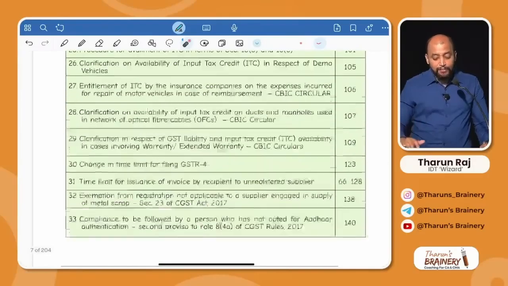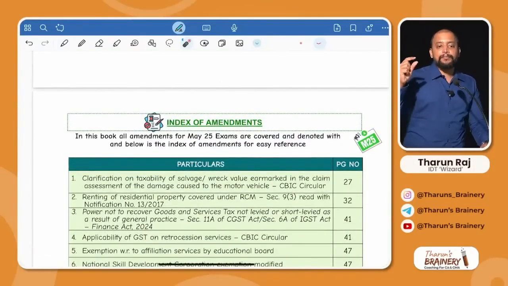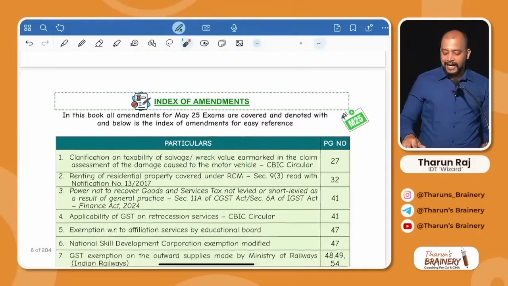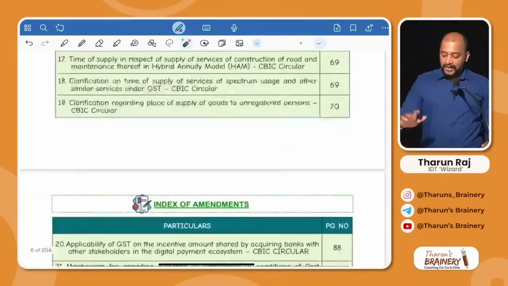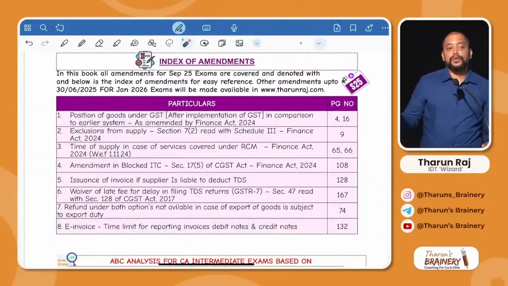All these are for May 25 exam, and wherever you can see I just followed a coloring pattern also. Green color, wherever you see in that green color, and this M25 like that, I have highlighted those amendments. Whereas some amendments which are applicable for September 25 exam also I have separated and given.